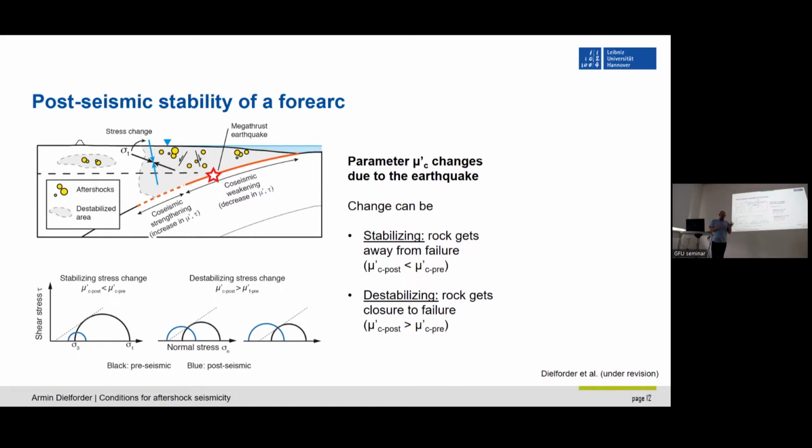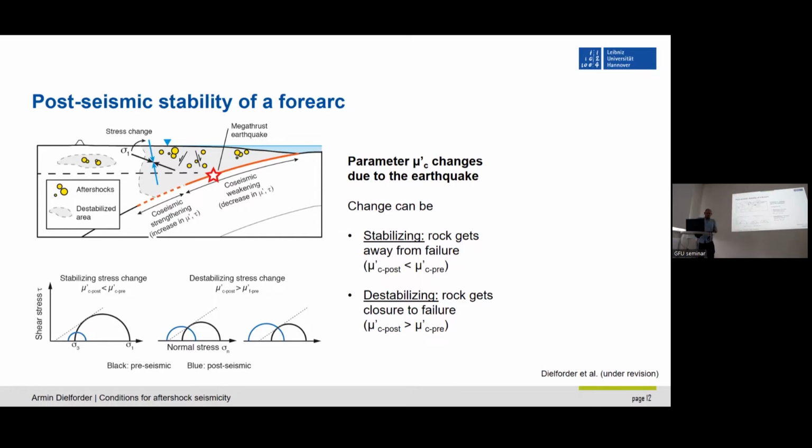We have a stabilizing stress change because the pre-seismic stress conditions would be more favorable for failure and seismicity than after the earthquake. This is a graphic representation. If this is the state of stress before the earthquake, and the blue circle gives you the representation after the earthquake, then you see we move away from the failure envelope.